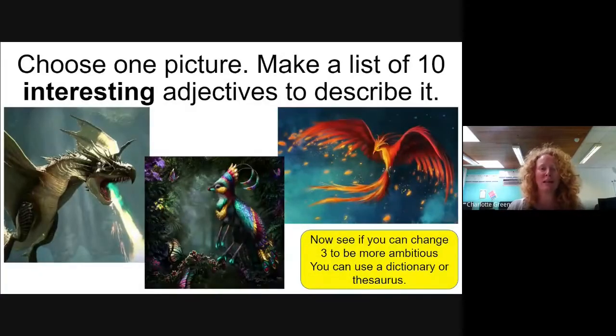For example, if you had the word nice, is there a more precise word you could use in its place, such as vibrant? You might want to use a thesaurus or a dictionary to do this. You can access them via Google, or if you have one in your house, that's brilliant. Or even ask some people around you. You can pause the video now while you do that.